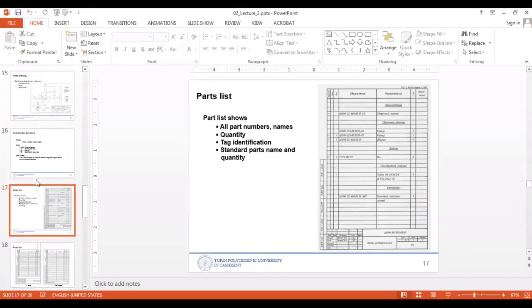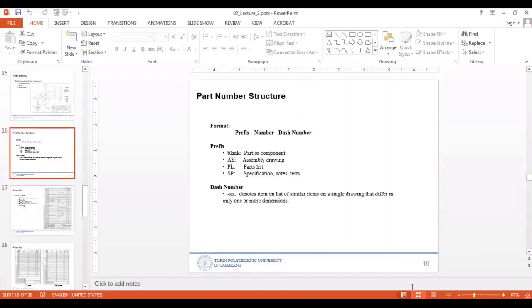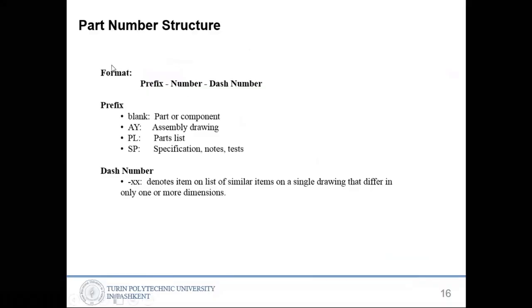Similar to this one. It has a component prefix, like the assembly drawing number, part list number, specification notes, with dashes in the prefix here. That will be part of the component number of some components: a dash and some number.